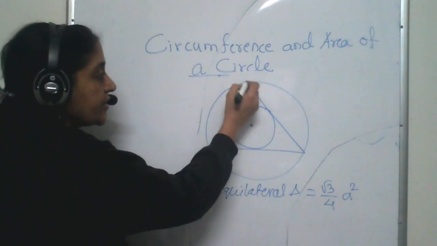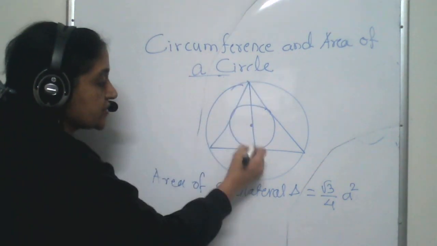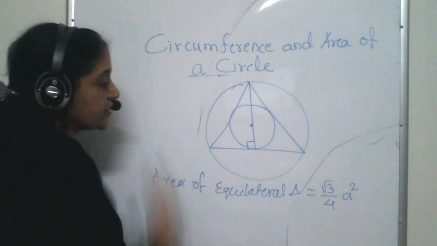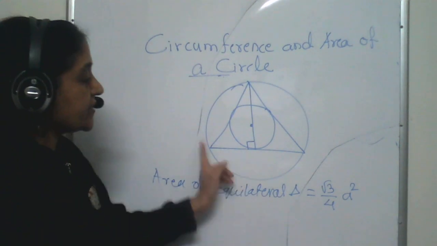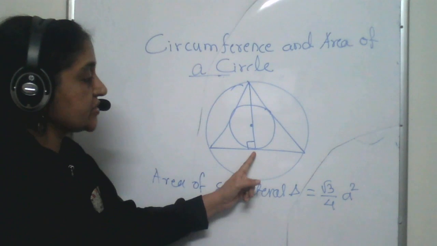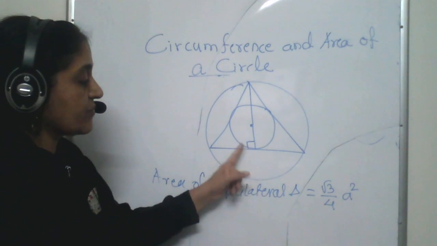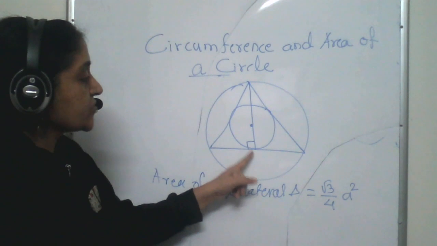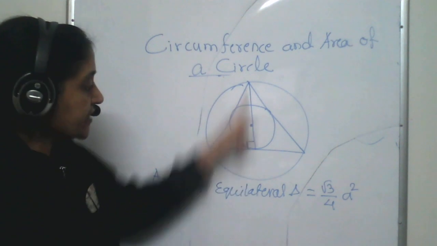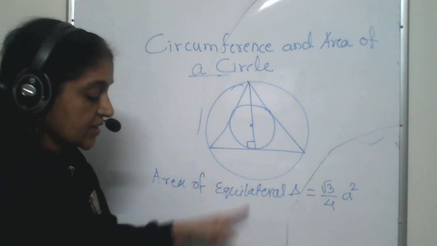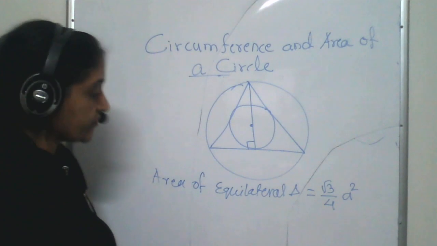Now if I draw a line through this, it acts as a perpendicular, because the radius and the tangent are perpendicular to each other. So this is the height of this triangle. Now how to find the height of this triangle?